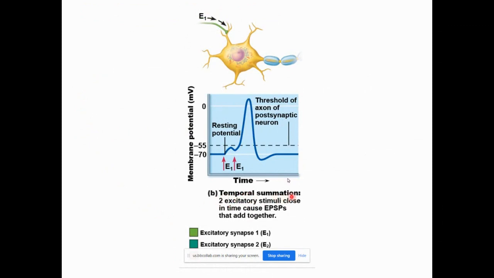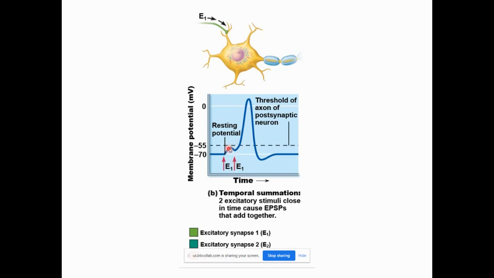But temporal means time. So temporal summation: what if we send in two signals close together in a very small amount of time? Again, this is so quick that it's instantaneous to us. There's one graded potential, it's excitatory, so it's depolarizing. But before it can rest, during that relative refractory period, right about there, we send another signal in.